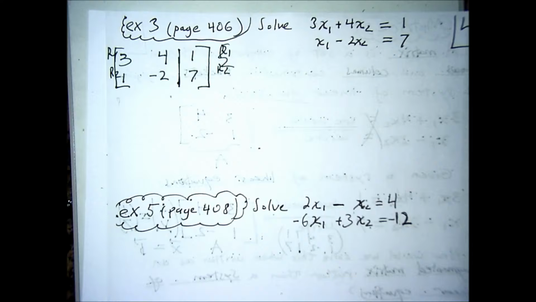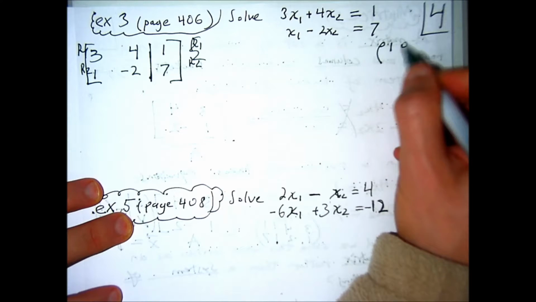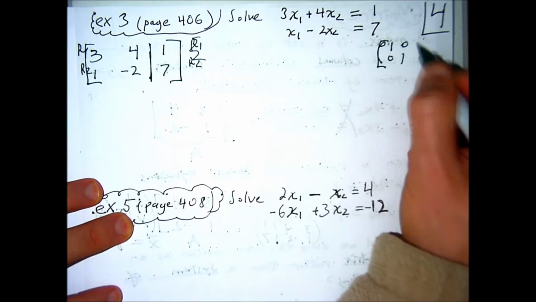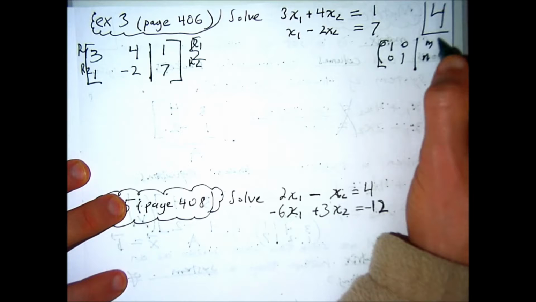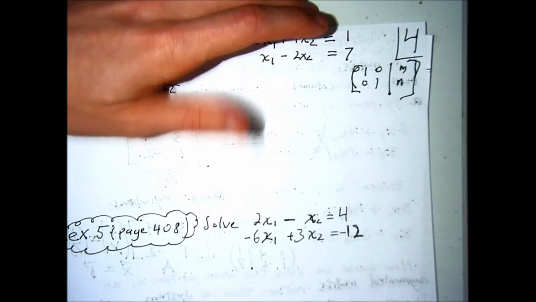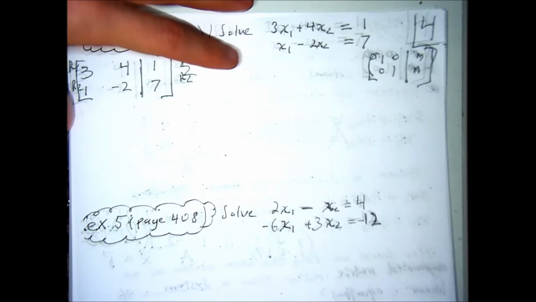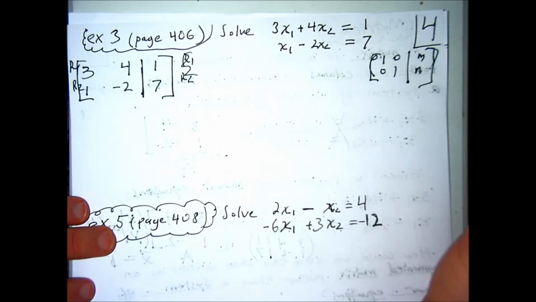Our objective is to use row operations to try to transform the matrix into this form. You want to get it looking like this. I'll write it out on the side. 1 0 0 1 vertical bar M and N. What that produces tells you what your solution is. Your solution would be whatever M and N are.